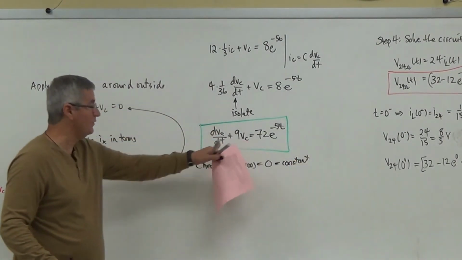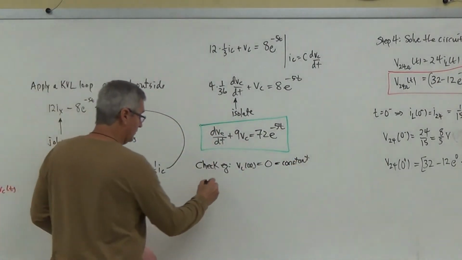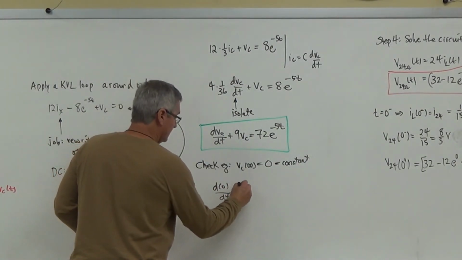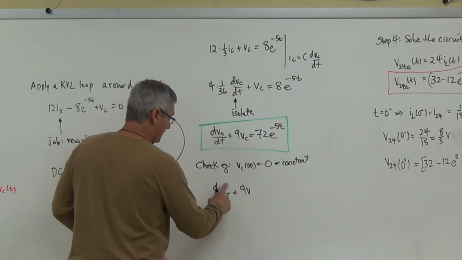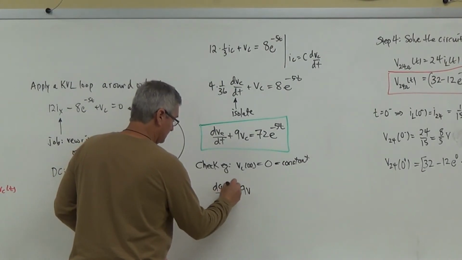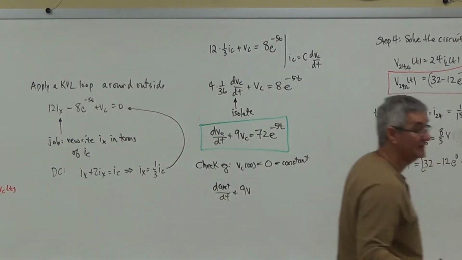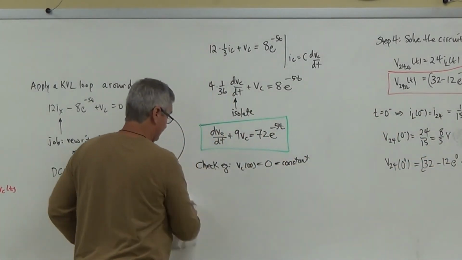So if I look at that equation right here, we're going to get d of 0 dt plus 9v. I shouldn't have done that. I should have called this a constant. How about if I call it Vc infinity? So we're a little bit more clear.